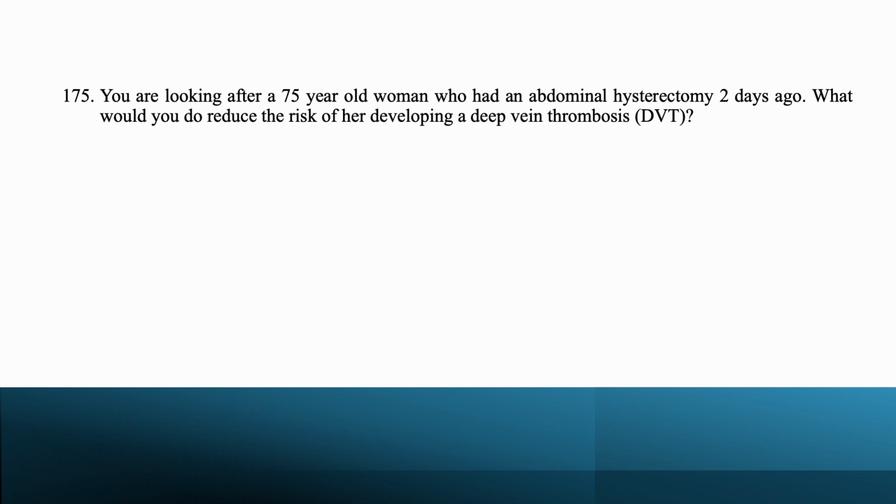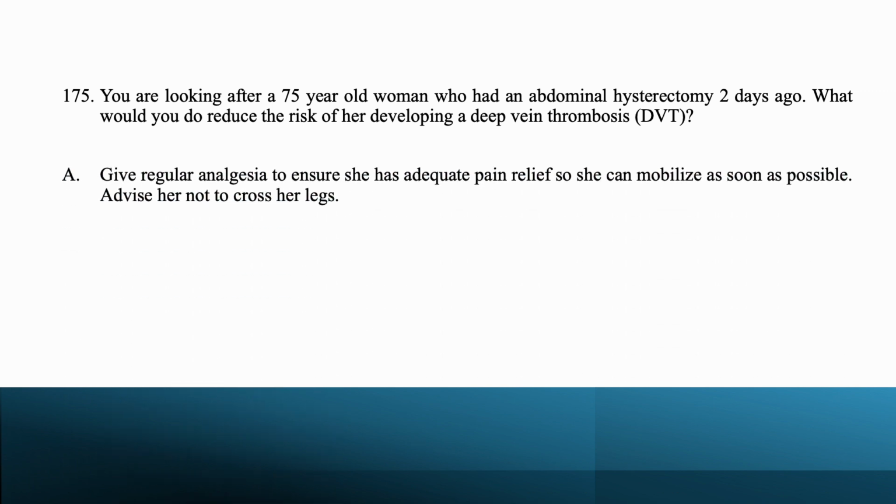Question number 175. You are looking after a 75-year-old woman who had an abdominal hysterectomy 2 days ago. What would you do to reduce the risk of her developing a deep vein thrombosis, DVT? Option A. Give regular analgesia to ensure she has adequate pain relief so she can mobilize as soon as possible. Advise her not to cross her legs.